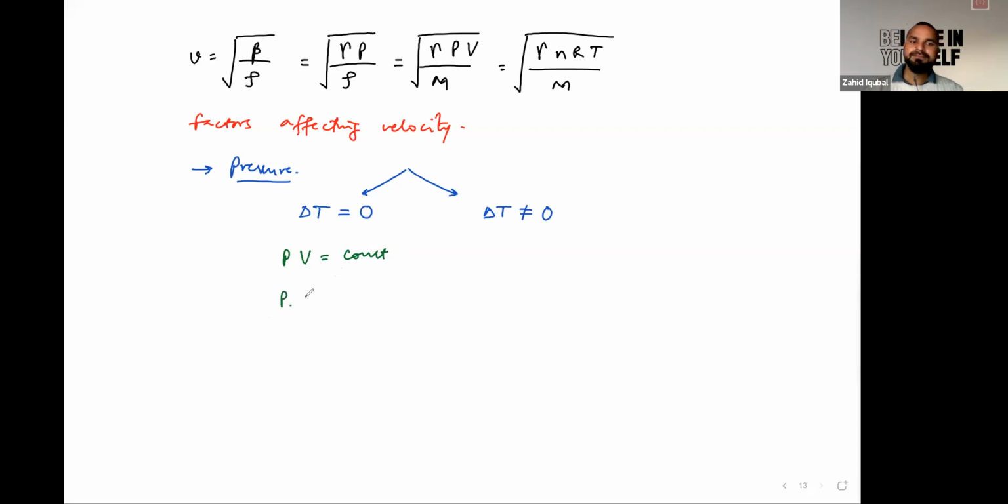So it will become P multiplied by mass divided by density is equal to constant. Move this mass to the right side. So you are left with P divided by rho is equal to another constant. So we can say, since the ratio of P and rho is constant for constant temperature, velocity will be independent of pressure.